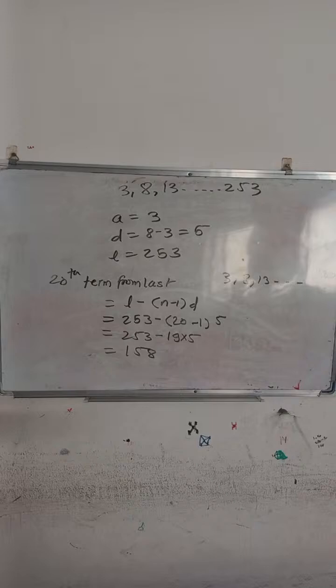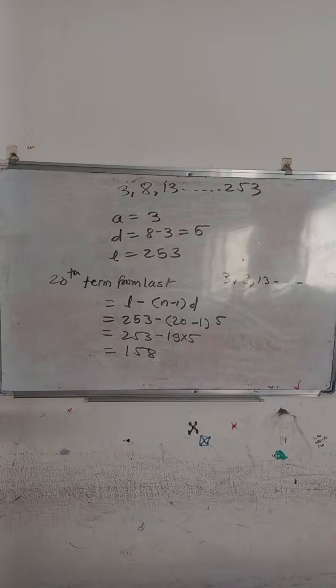I'll repeat this question: if 7 times the 7th term of an AP is equal to 11 times the 11th term, find its 18th term. This kind of question is also there.